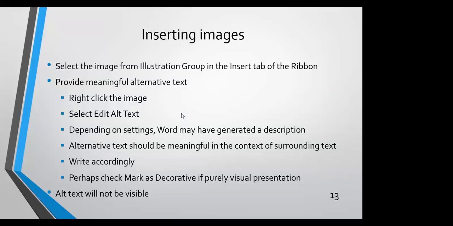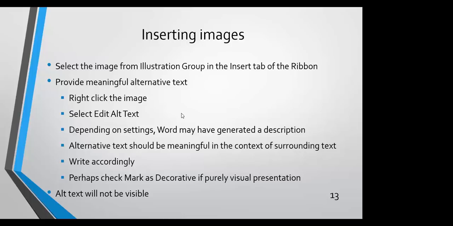We'll say a bit more about that in a little while. To do that, you right-click the image. In Office 365, you go to Edit Alt Text. In earlier versions, they kept moving it around. It's either under Format Picture or Size and something else. They keep moving it.